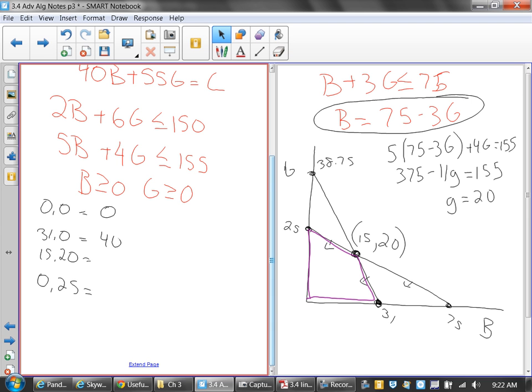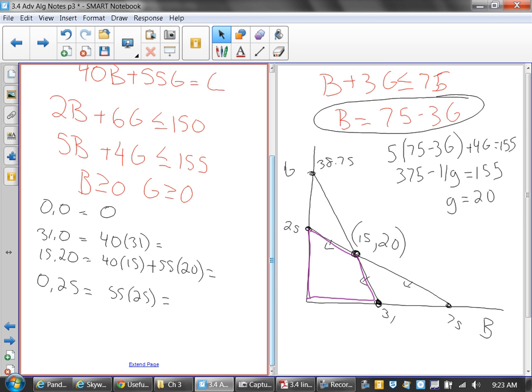You get 40 times 31. Here you get 40 times 15 plus 55 times 20. And then this one you get 55 times 25. And if I'm not mistaken, I do believe the 15 and 20 is what works out to be your maximum value. Okay?